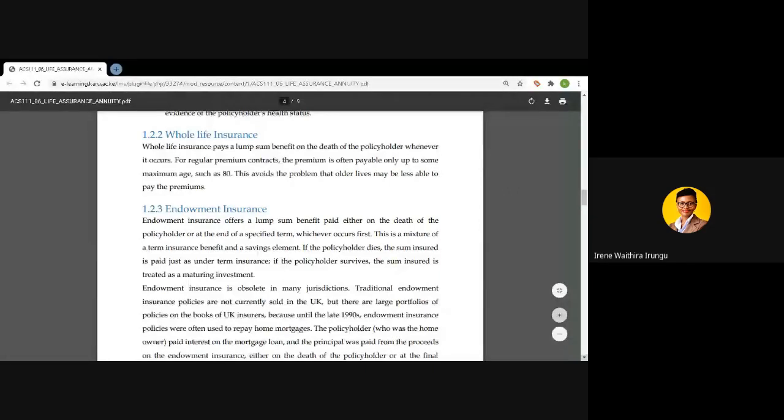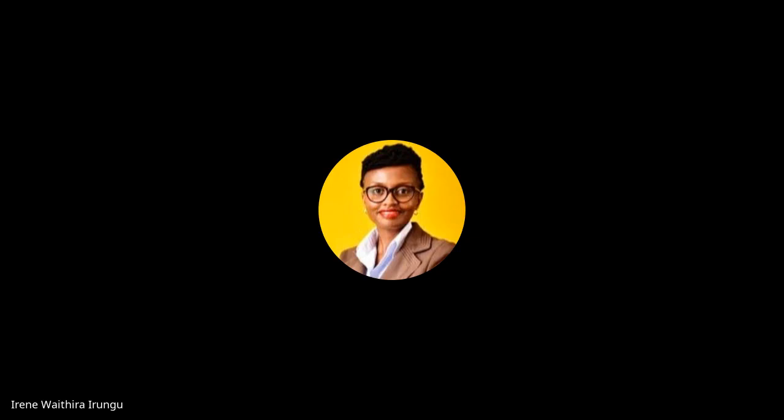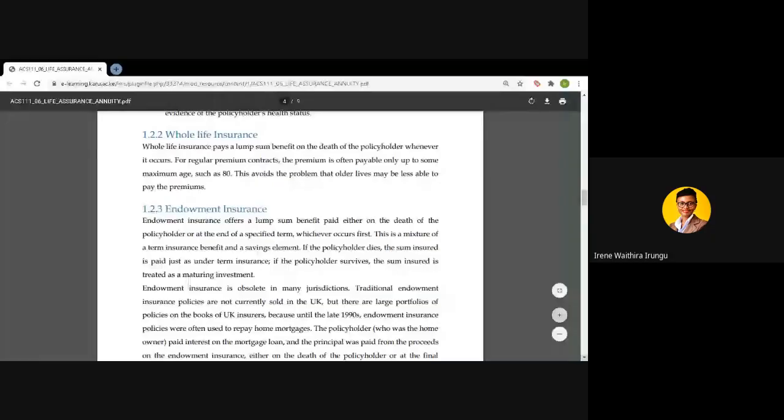So again, premiums here are paid on a regular basis, and often they are stopped when someone reaches age 80, so that it avoids the problem that older lives, because they're no longer working, when someone gets to 80, they probably retired 20 years before and may not be able to afford to pay their premium.